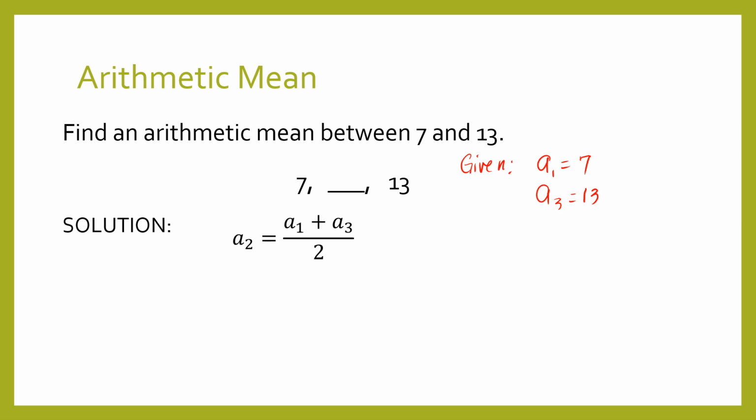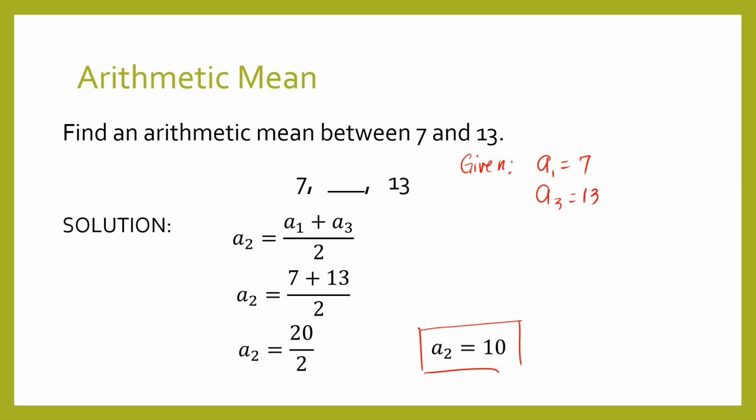Now substitute the values of a sub 1 and a sub 3, which is 7 plus 13 divided by 2. 7 plus 13 is 20, divided by 2, and the value of a sub 2 is equal to 10. So your a sub 2 is 10.